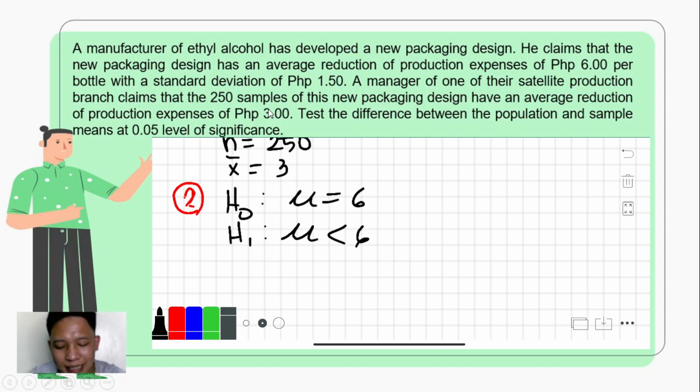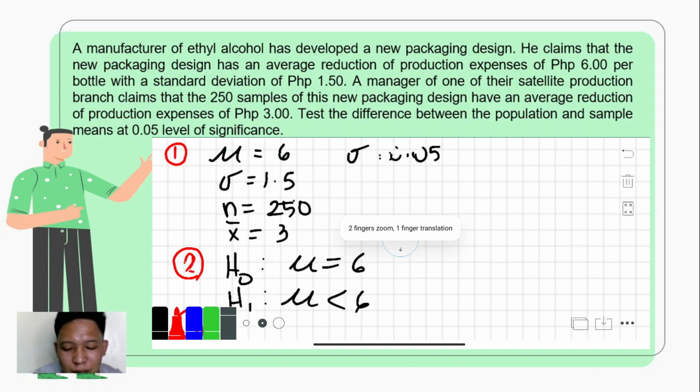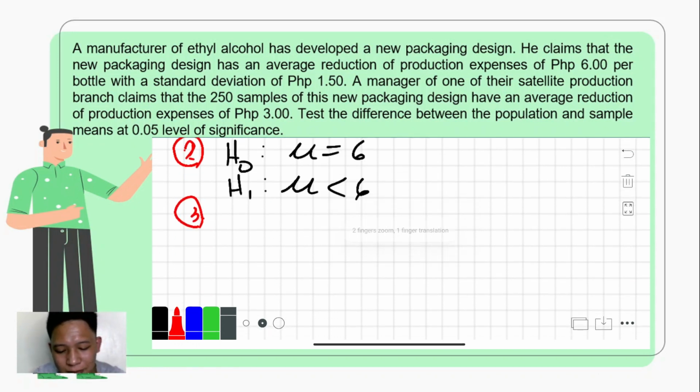Okay? Next, after formulating our hypothesis, we now determine our test procedure. What is our test procedure? Let's go back to the given. What is our given? Our given is the population standard deviation. Hence, what will we use here? We will use our z-test.